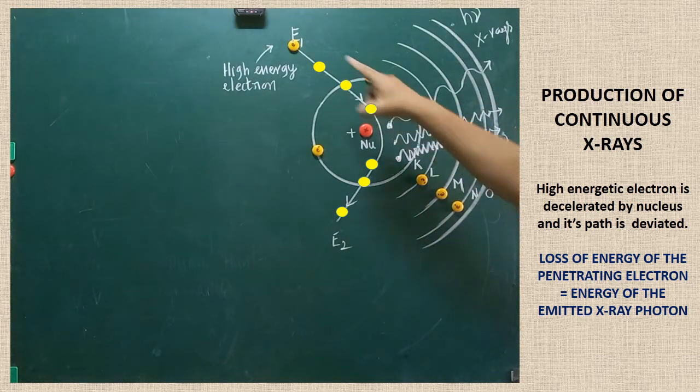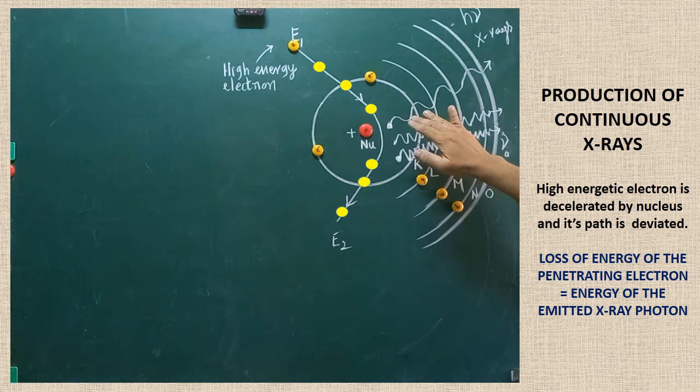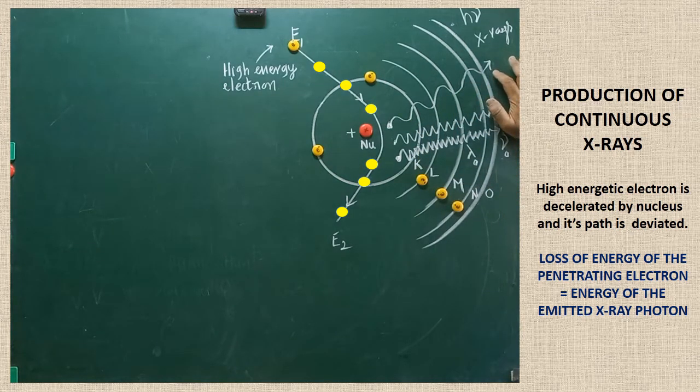Depending on the energy difference, the wavelength of the outcoming X-ray photon will be determined. So a photon is emitted, that is nothing but an X-ray photon. Its frequency will be very high and the wavelength very small.